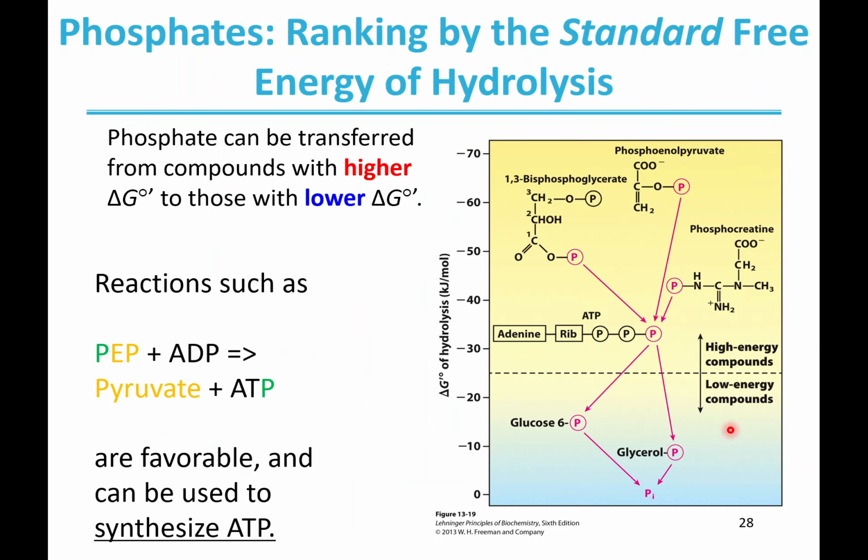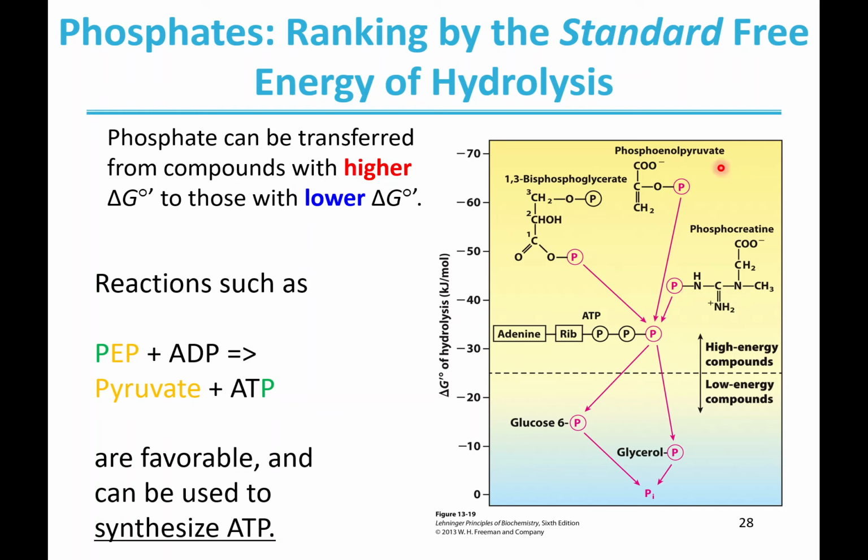If we look at the relative energy of some of these molecules, PEP, the phosphoenol pyruvate, is the highest energy biomolecule. 1,3-bisphosphoglycerate is kind of a close second. Phosphocreatine's up there.